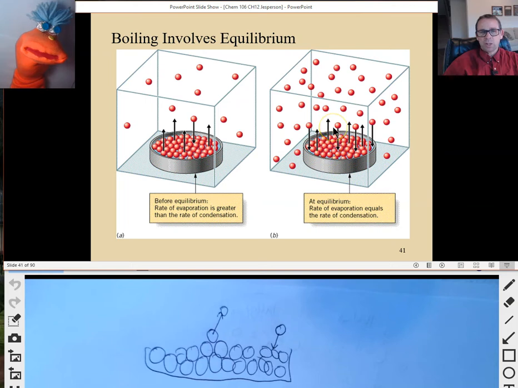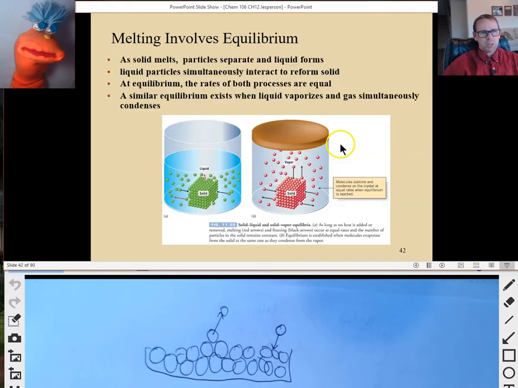Okay, so equilibrium is reached. The point at which this equilibrium is reached depends on intermolecular forces. Sometimes equilibrium will be reached when only very few molecules are floating around. Sometimes it takes a lot of molecules floating around, that means a lot leaving and a lot coming in before this equilibrium will be reached.